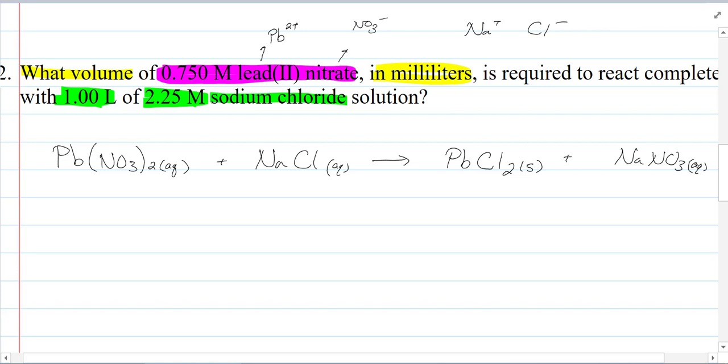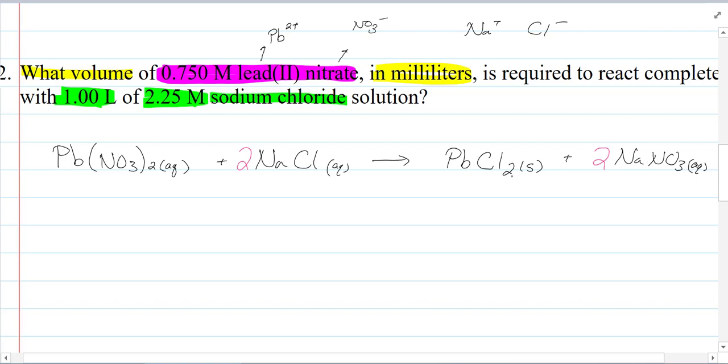Not too worried about the state symbols in this question, right? Because that's not what they're asking, but that's what it is. Now we have to balance. So 1 lead, 2 nitrates, 1 nitrate. I need a 2 in front of sodium nitrate. 1 sodium, now 2 sodiums, 2 in front of NaCl, 2 chlorides, balanced.